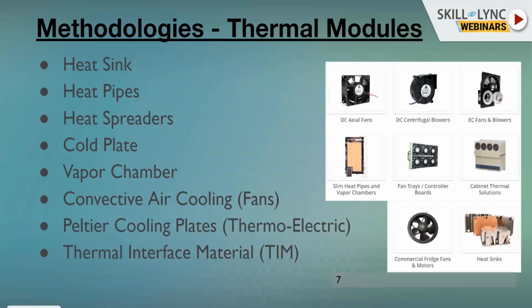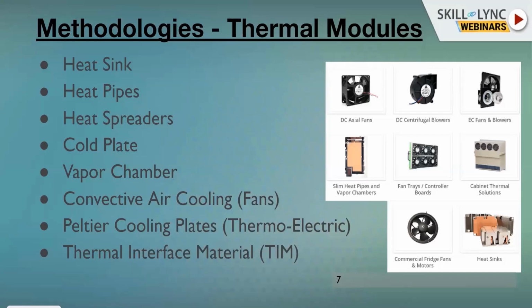Okay, thank you. So the methodologies. There are a number of methodologies available to take away excessive heat produced by electronic devices. One methodology is modules, heat sinks, heat pipes, heat spreaders.